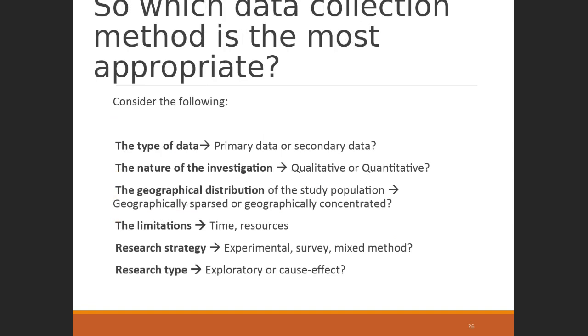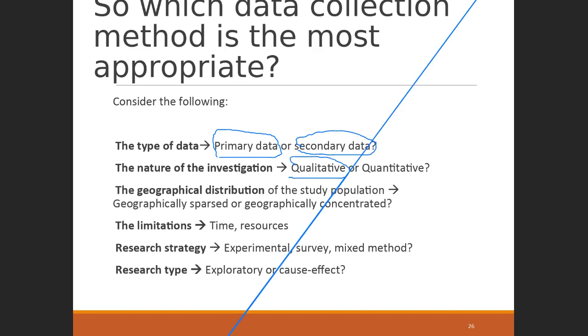Now, which data collection method is the most appropriate method? There is no definite answer to this question because it largely depends upon your type of data. If you're using primary data or secondary data, then your data collection method changes drastically. The nature of your investigation, whether it is qualitative or quantitative, also changes it drastically.